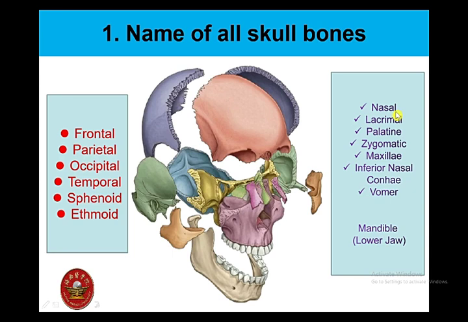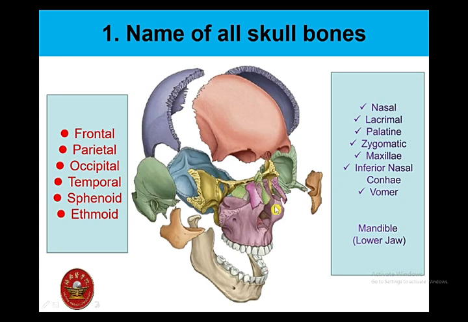Now let's talk about the facial skeletal portion. We go to the two nasal, two lacrimal, this small blue color portion here representing the paired palatine, zygomatic paired, paired maxillary, paired inferior nasal conchae, single vomer, making the nasal septum in the adults.